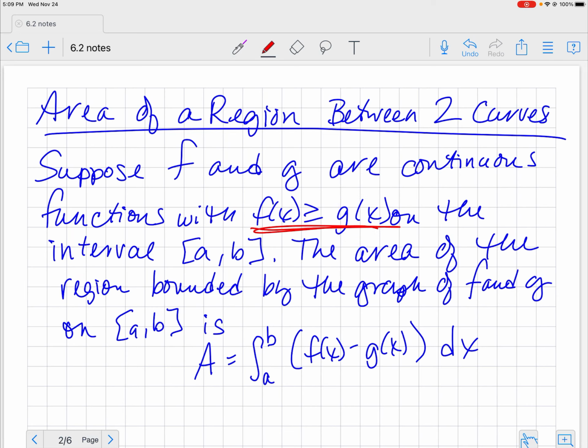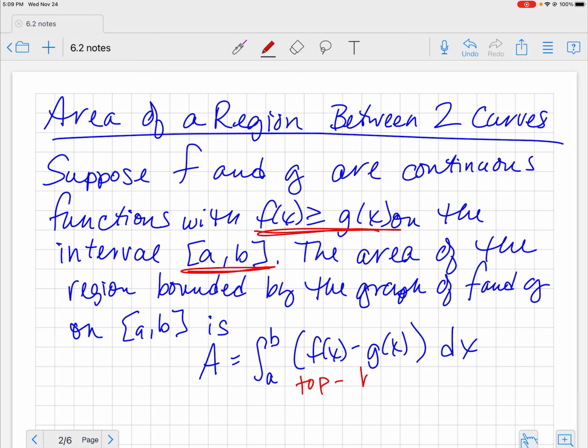Also, the endpoints count, so I'm going from a to b. If f of x here is greater, that tells me I'm going to take my top function minus my bottom function.